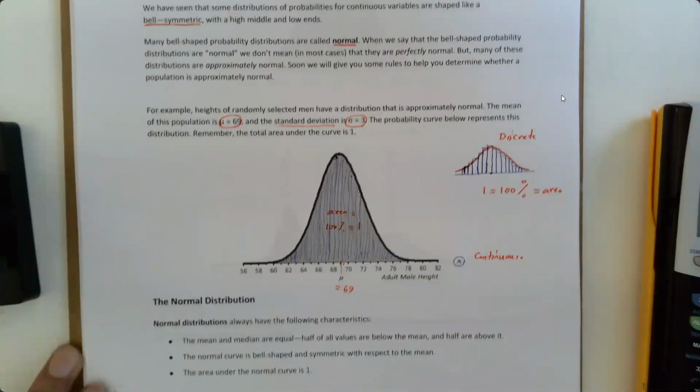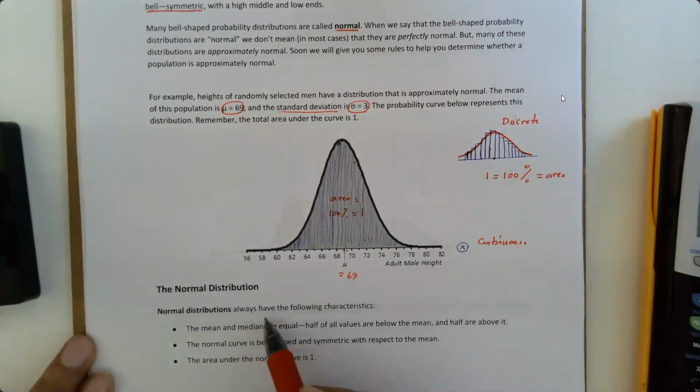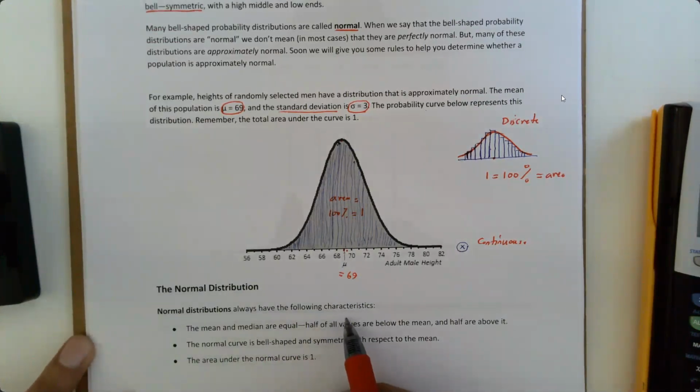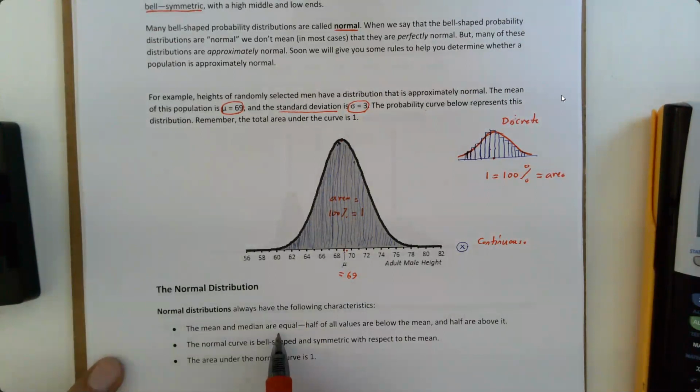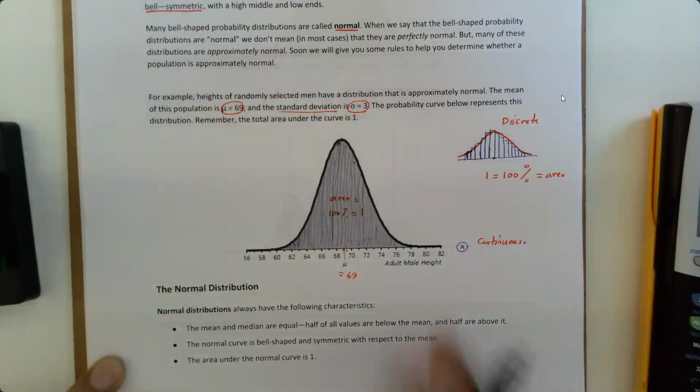The normal distribution always has the following characteristics or properties. The mean and median are equal to each other. Half of all values are below the mean and the other half are above the mean.